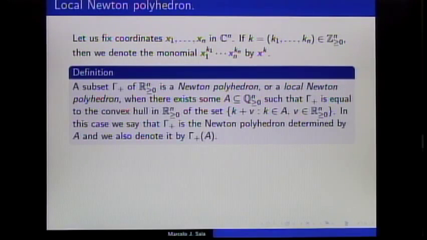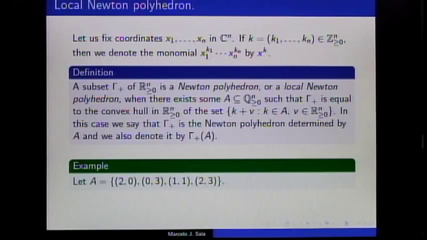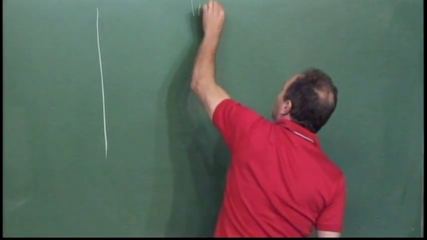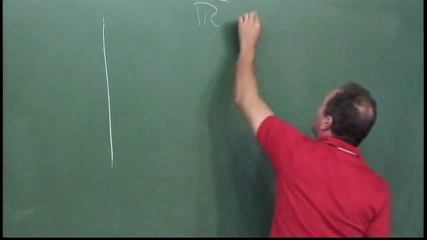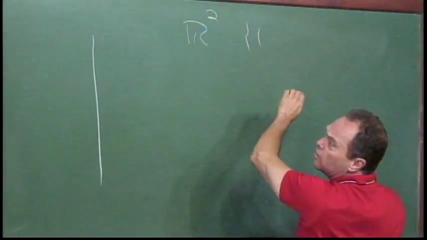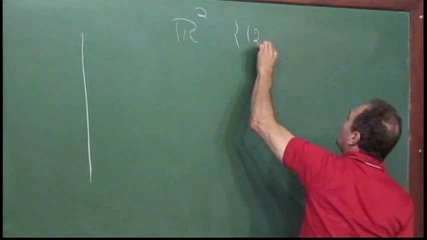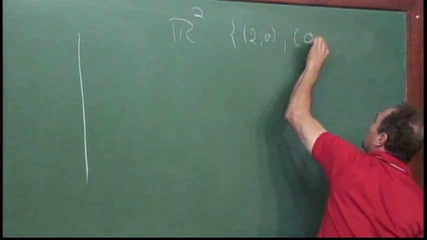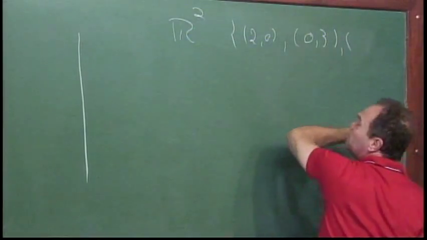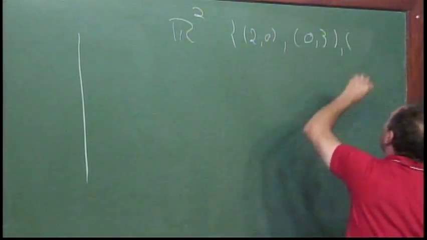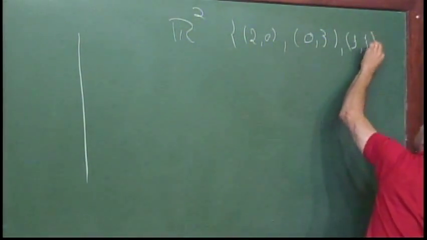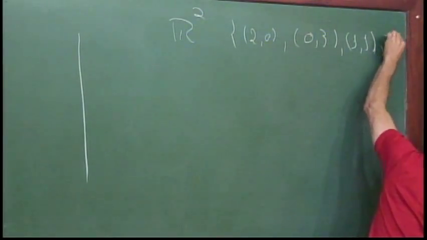In this case, just to show what's going on, in R^2 we are considering 4 points: (2,0), (0,3), (1,1), and (2,3).